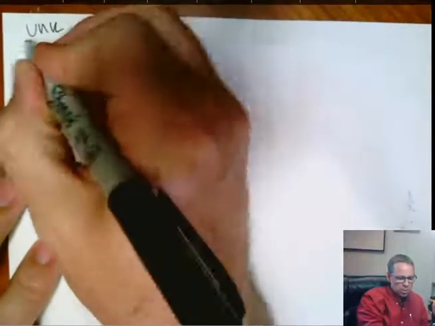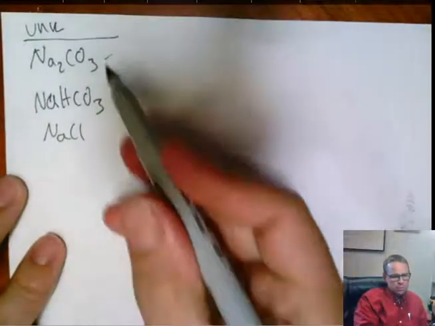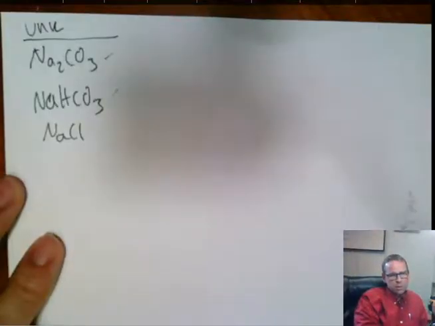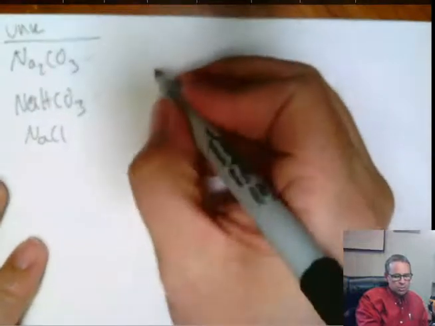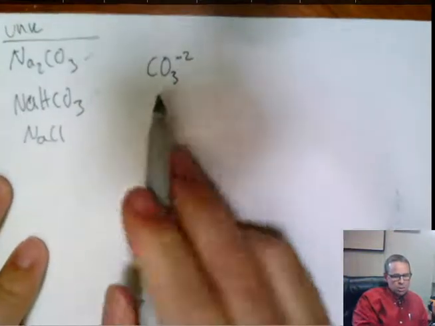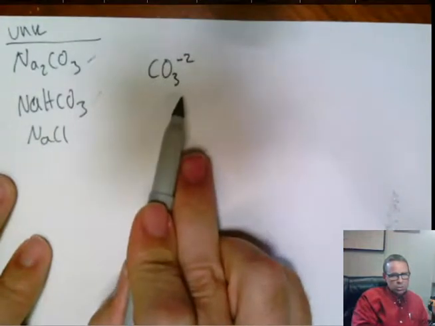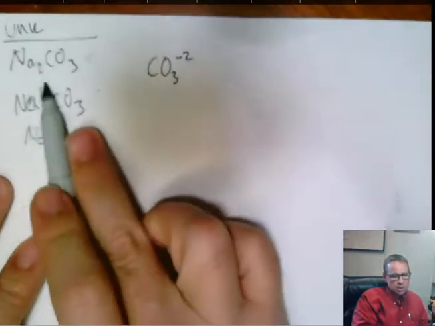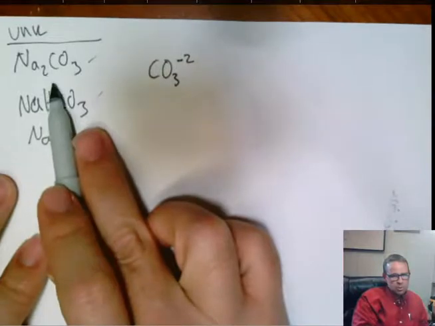Okay, so our initial mixture, this is our unknown. Our initial unknown mixture is a mixture of these 3 things. And again, going back to our net ionic equation, all we need to relate is the moles of carbonate, because that will relate to the moles of sodium carbonate.